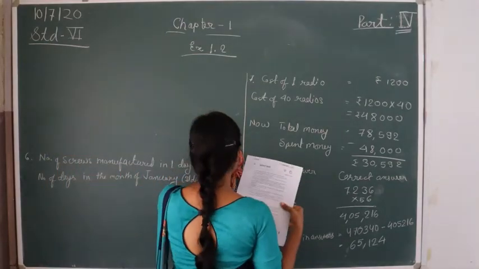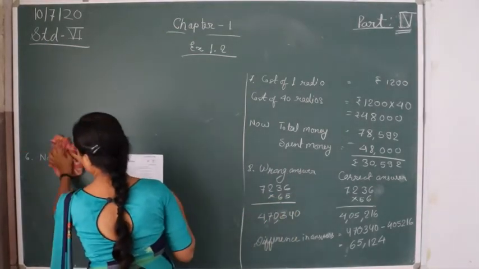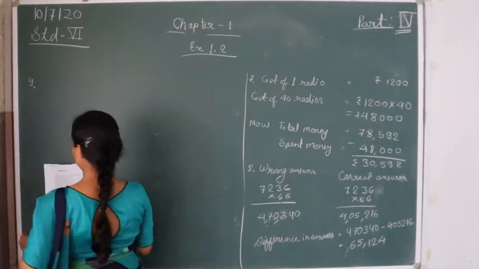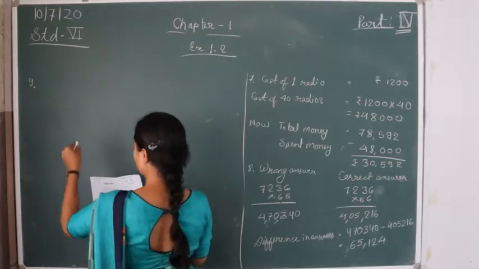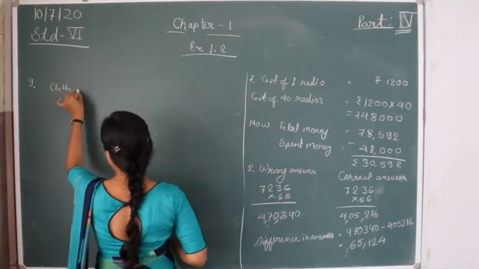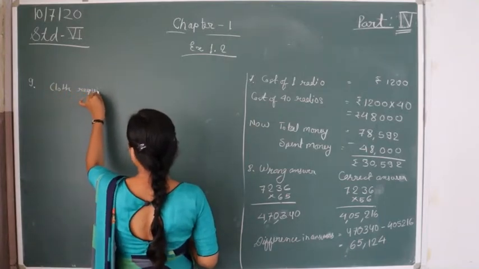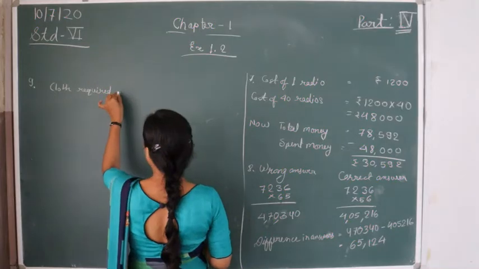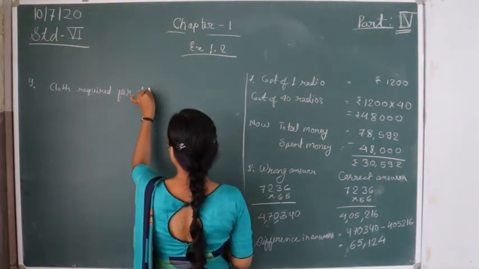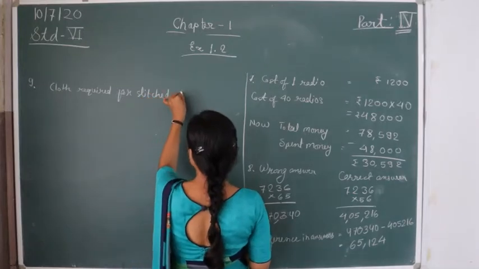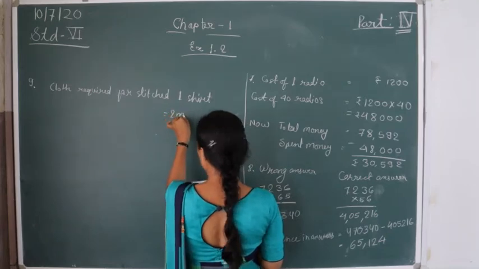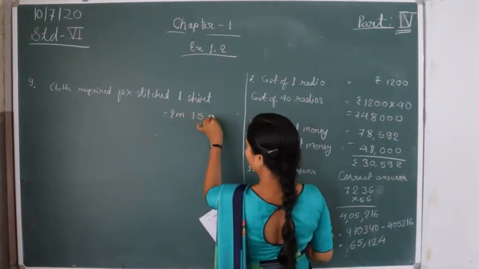Question number 9. The cloth required to stitch one shirt is 2 meter 15 centimeter.